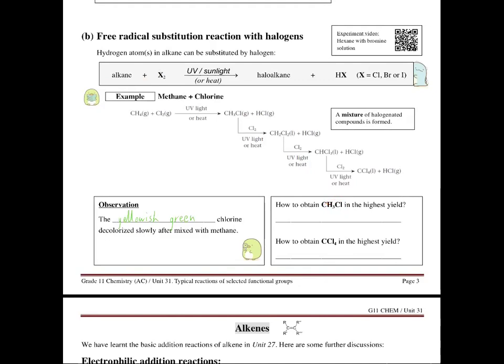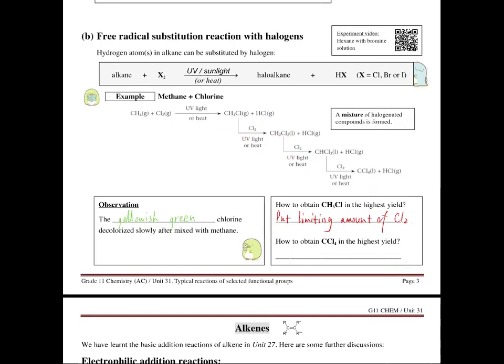So here, we should put a limiting amount of chlorine, just enough to substitute one of the hydrogens. And the reaction should, hopefully, stop here, so no further reaction would take place.